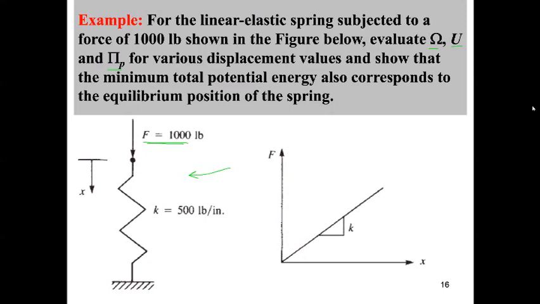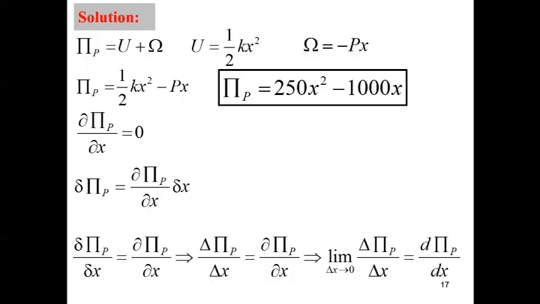It's also required to show that the minimum total potential energy corresponds to the equilibrium position of the spring. Solution. Πp equals U plus Ω, where U is 1/2 times k times x squared, and Ω is negative P times x.